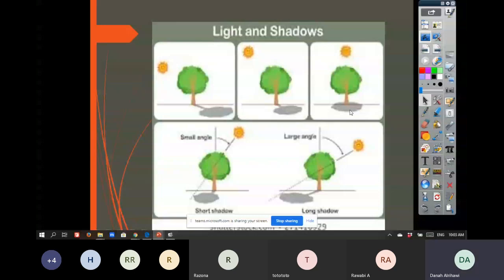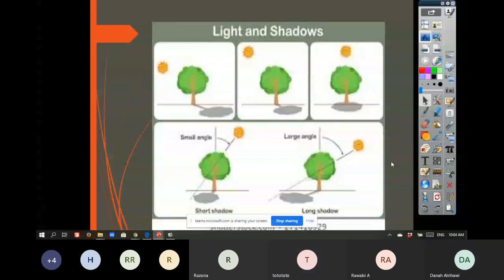Oh, yes, I know, because the sun is moving during the daytime, right? The sun is moving from the noon to the afternoon. Am I right? The sun moving? Grade 4. Wait.